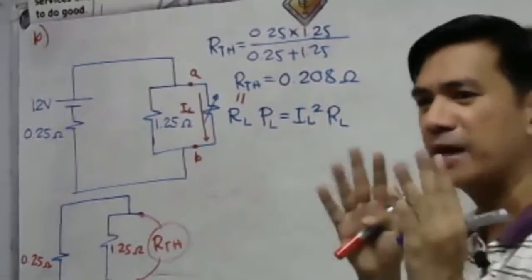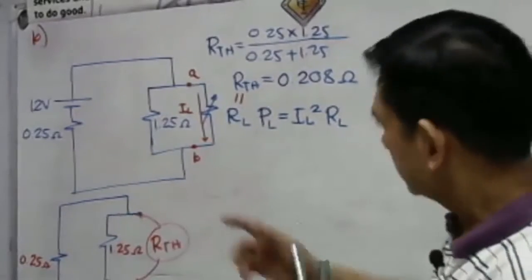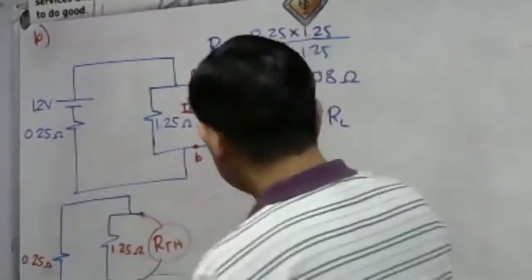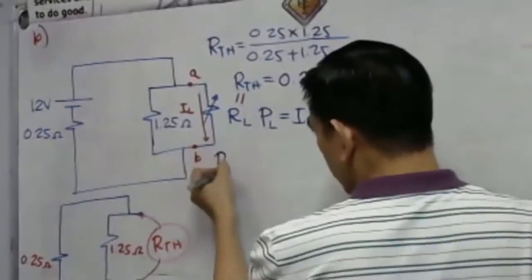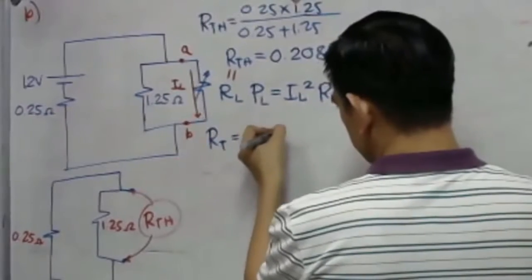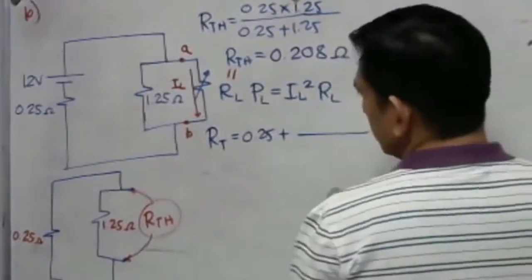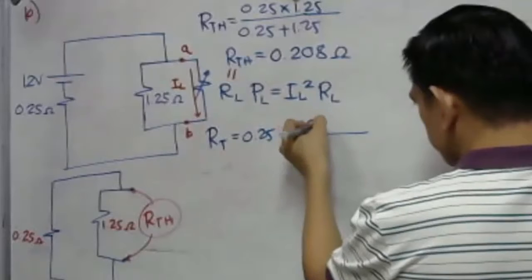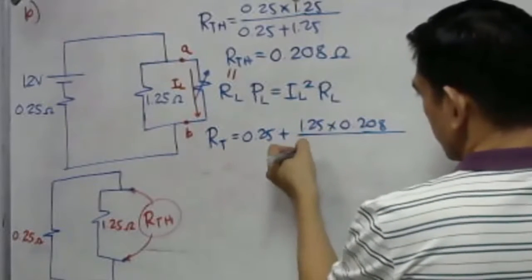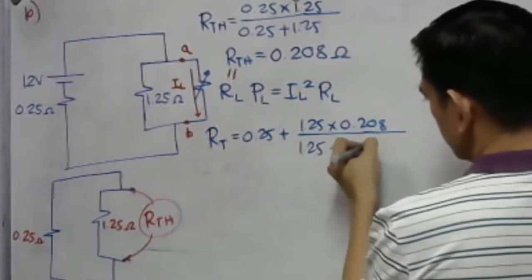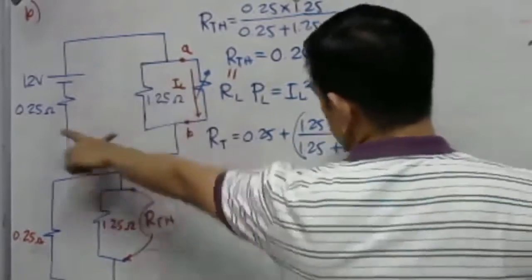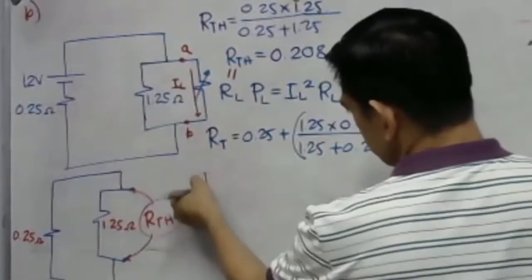Now we have a series parallel network. These two are connected in parallel in series with a 0.25 ohm. So let us have now the total resistance of the whole circuit. So it is 0.25 plus, okay, we have here 1.25 times 0.208 over 1.25 plus 0.208. So that is the product over the sum. The combination is in series with the 0.25 ohm resistor.